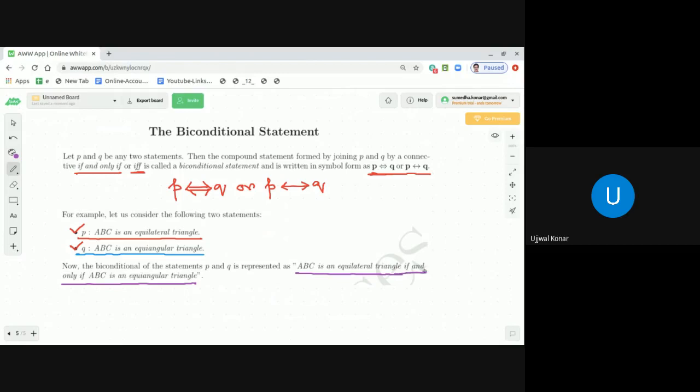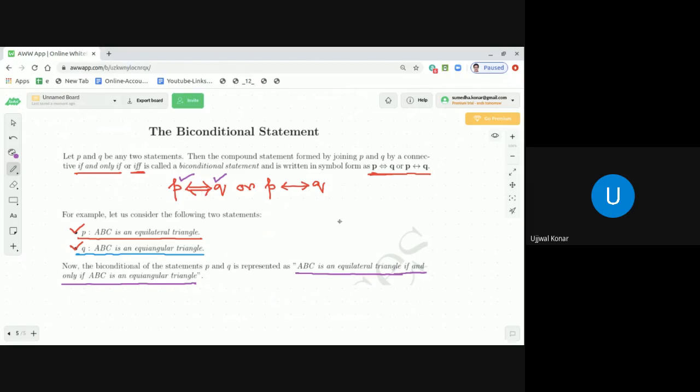Literally we can say that if ABC is an equilateral triangle, then ABC is an equiangular triangle. Or we can say, if ABC is an equiangular triangle, then ABC is an equilateral triangle. Both are true. That is why it is implied and implied by, bidirectional.